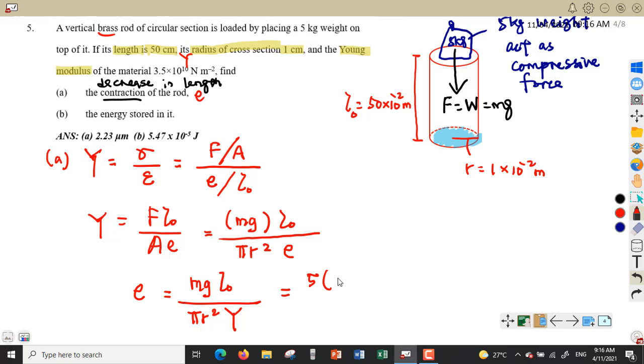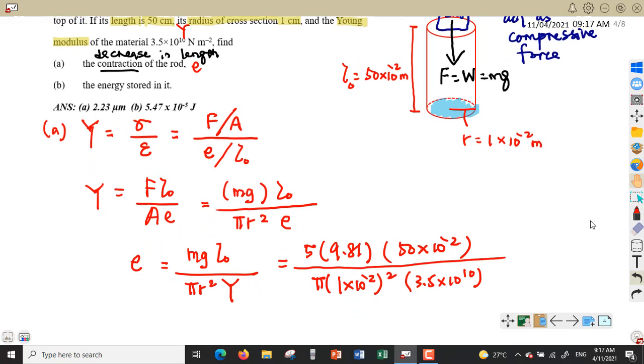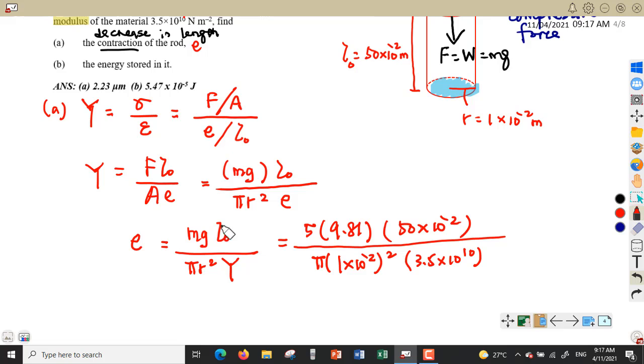Mass is 5, g is 9.81, original length is 50 times 10 to the power of negative 2. Pi, the radius is 1 times 10 to the power of negative 2 squared. Young modulus is 3.5 to the power of 10. So you might pause the video to calculate the value of the contraction. The contraction, or the decrease in length because of the compressive force, will be 2.23 to the power of negative 6 meter, in micrometer.